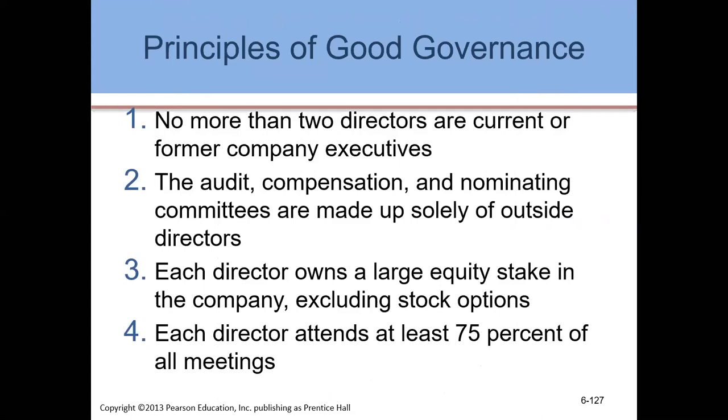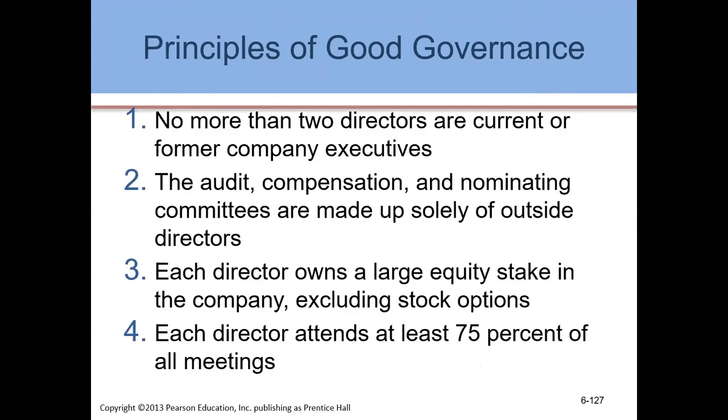Now, there are certain principles of good governance. The first principle is no more than 2 directors are current or former company executives. The audit, compensation, and nominating committees are made up solely of outside directors.